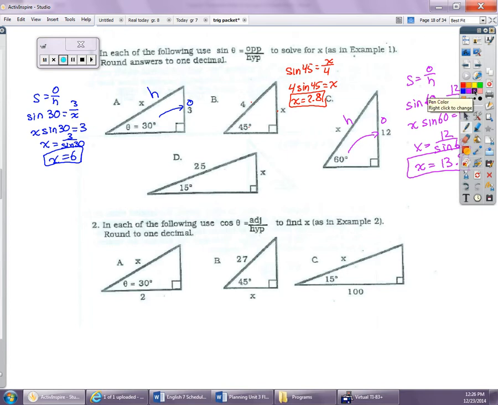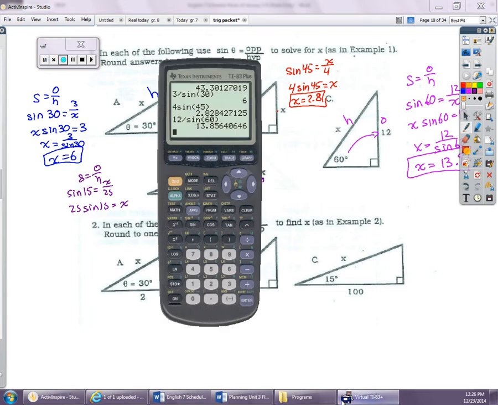So we look down here for letter D. We have here opposite, hypotenuse, so we have sine. So the sine of 15 is opposite, which is x, over 25. So 25 times the sine of 15 equals x. So 25 sine of 15 gives us 6.47, so 6.5.